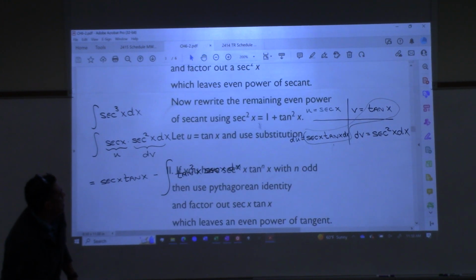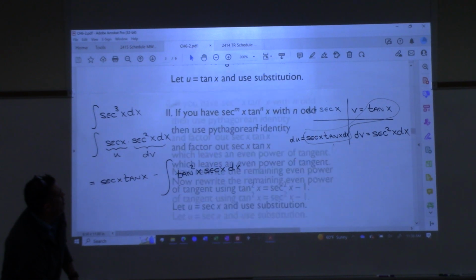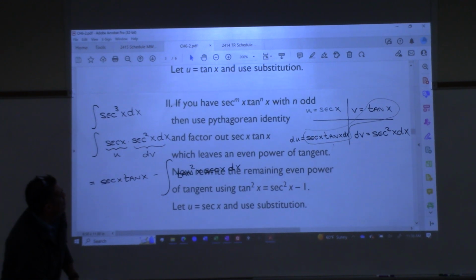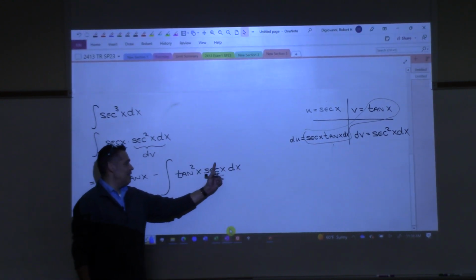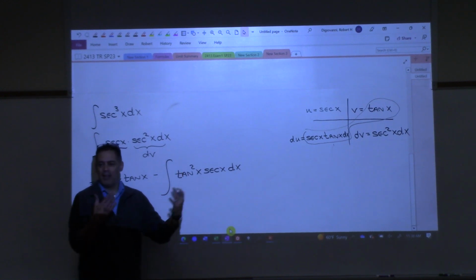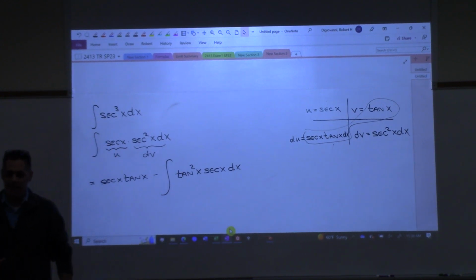And then the other one says, if the power on the tangent is odd. Do we have that here? No. This is not even power, and that's not odd power. So the methods I have won't work for this.